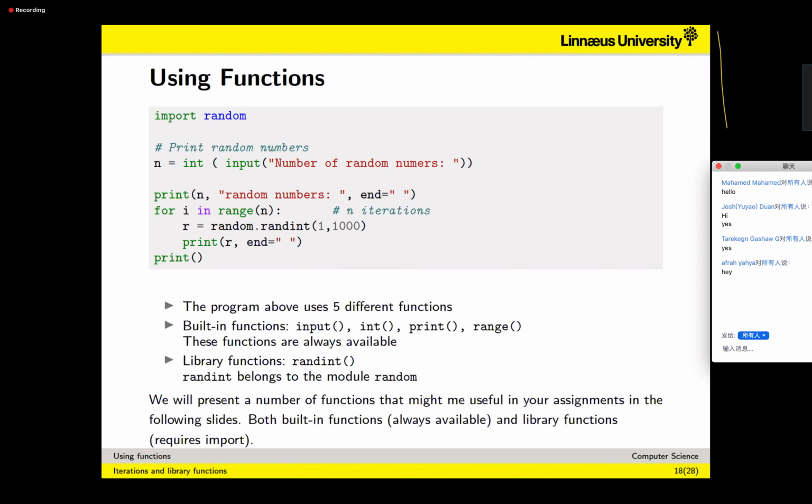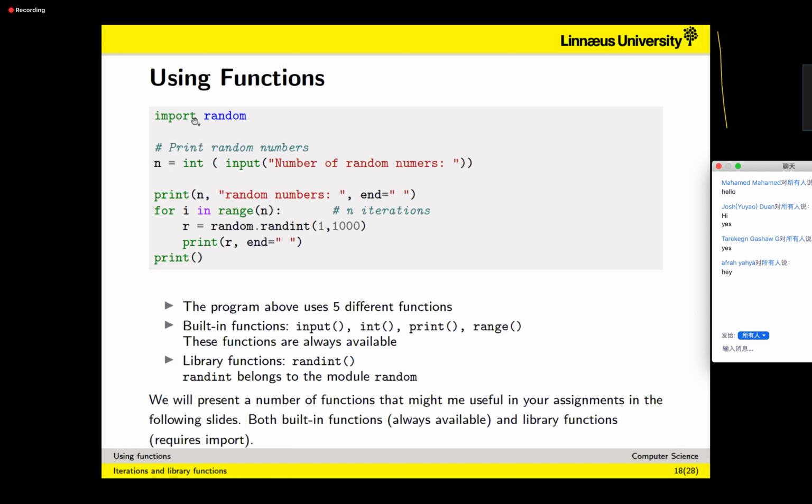Okay, let's start again. We are done with for and while, although we will of course use them in many examples in what follows. Anyway, we will take a look at functions that are available for us as programmers. In this case, I'm using the random generator. I think I presented it in a previous lecture, didn't I?